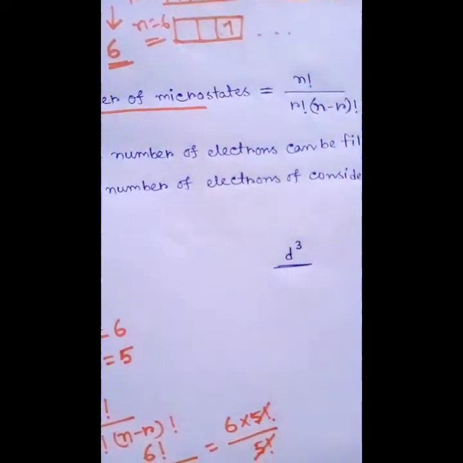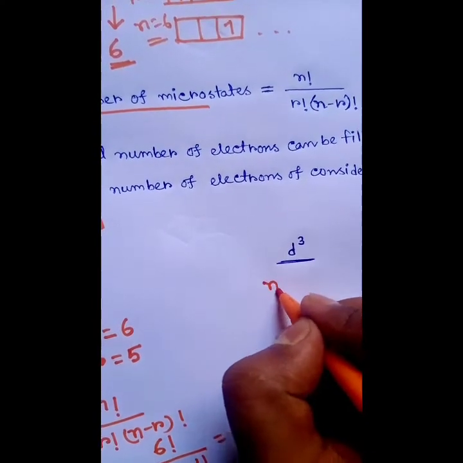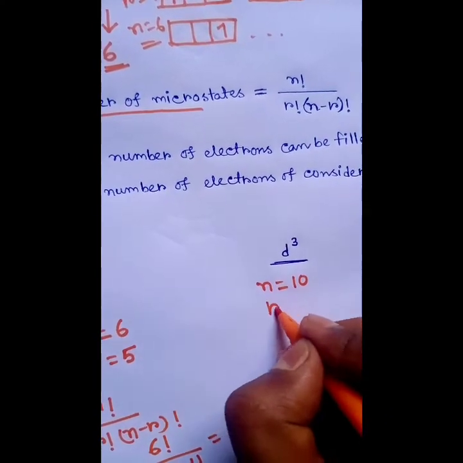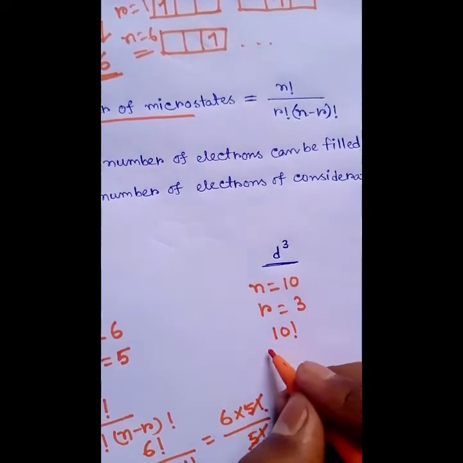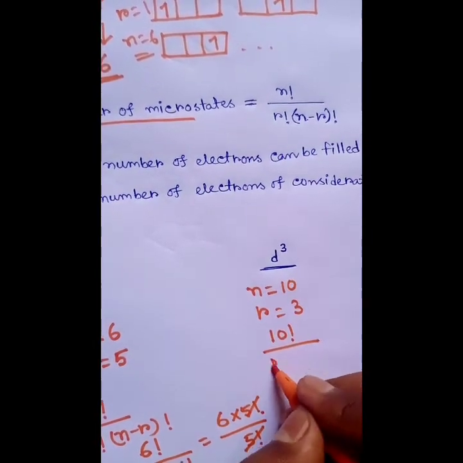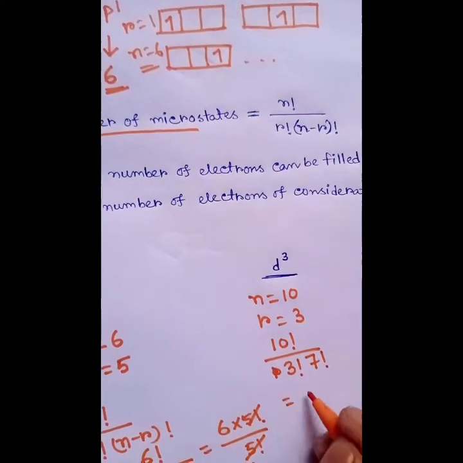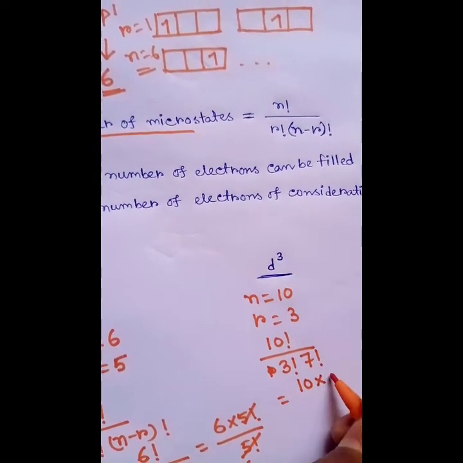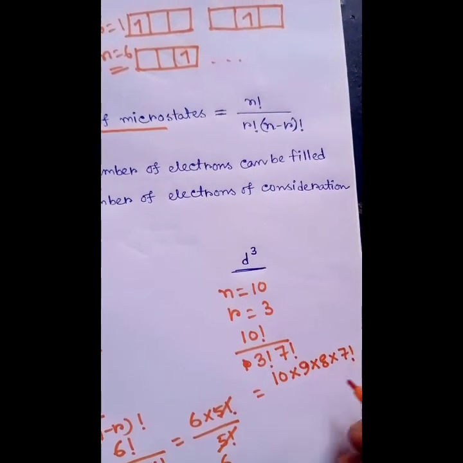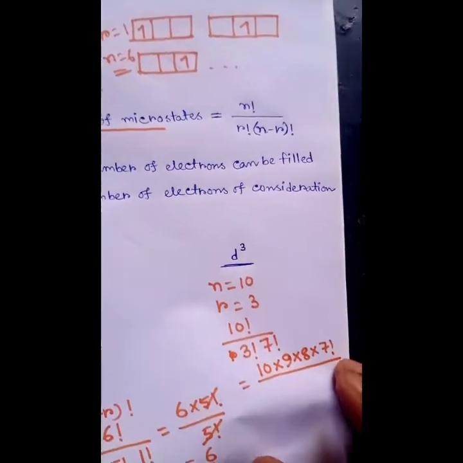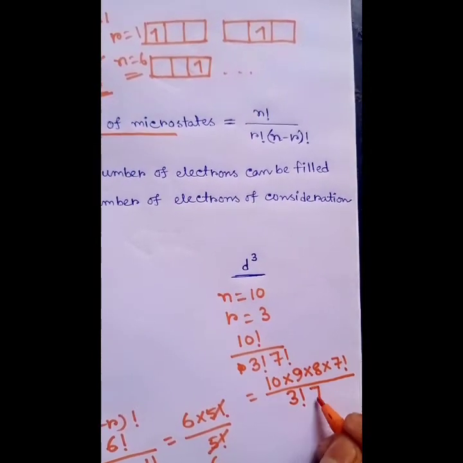Now for the d3 configuration, what will be the microstates? For the d3 electronic configuration, n equals 10 and r equals 3. So the number of microstates will be 10 factorial by 3 factorial into 10 minus 3, that is 7 factorial. So if I write 10 into 9 into 8 into 7 factorial, I think you know how to expand a factorial. So 10 into 9 into 8 into 7 factorial by 3 factorial into 7 factorial.